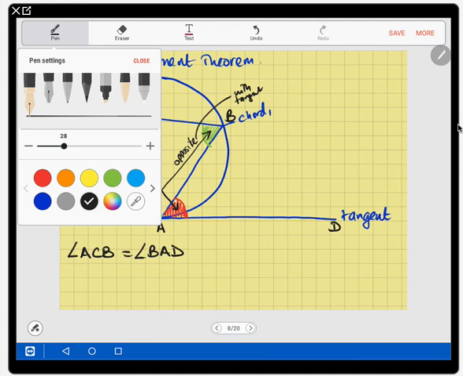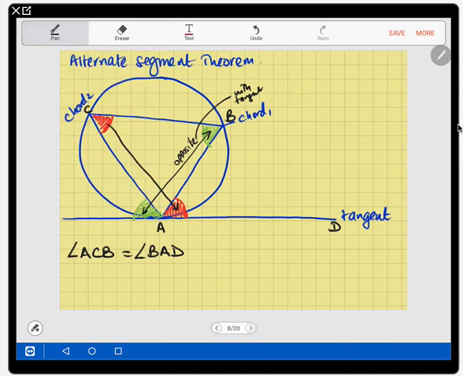So angle CBA, no, sorry, I missed a point here.